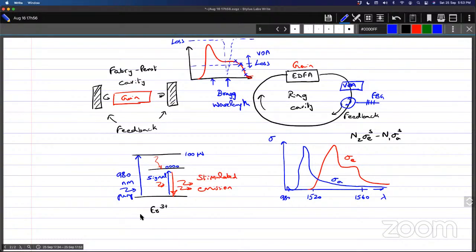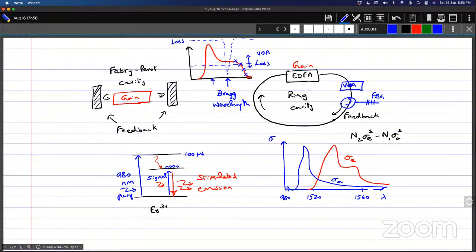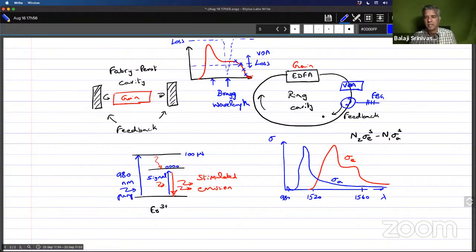Sir, is it easier to use an FBG? It's not a question of being easier, but of course, using an FBG means you have an extra component that you have to incorporate inside the cavity. So in that way, you can say it takes a little more effort.